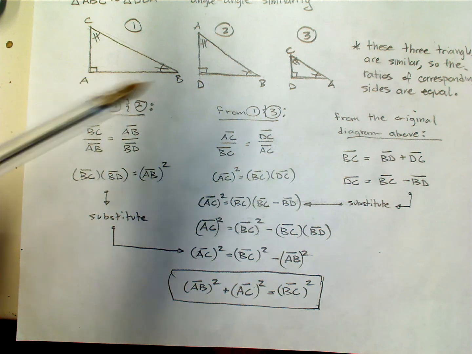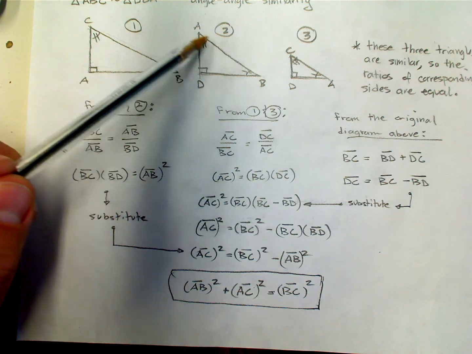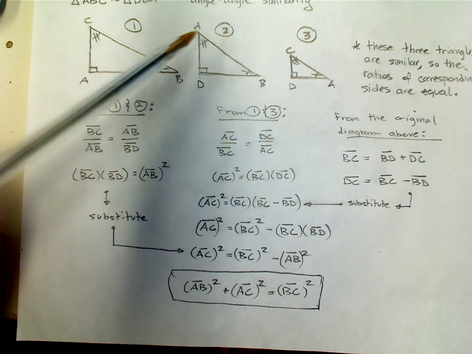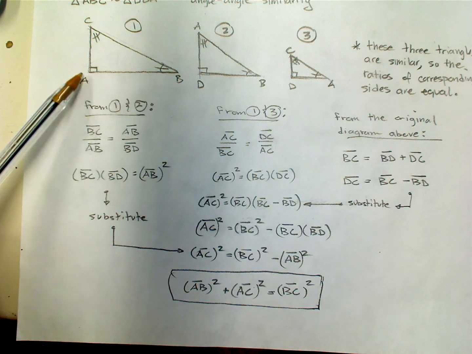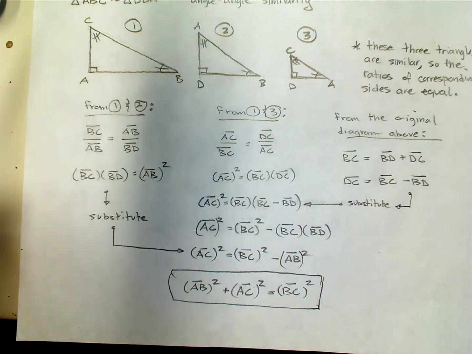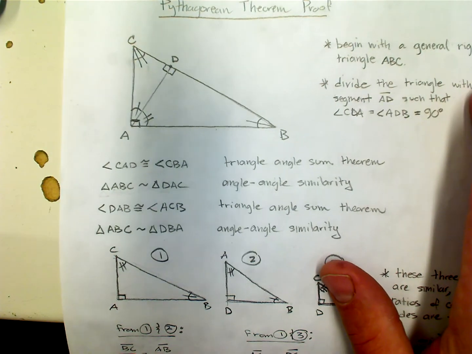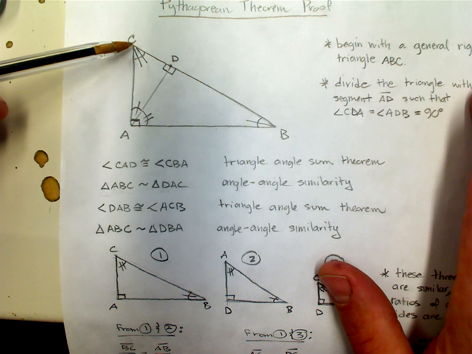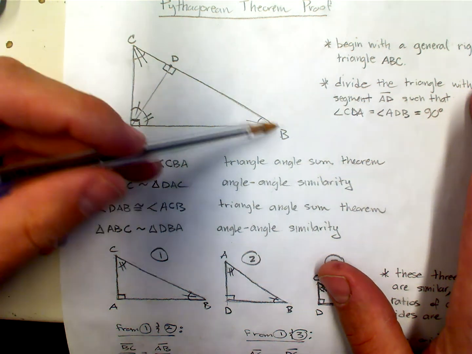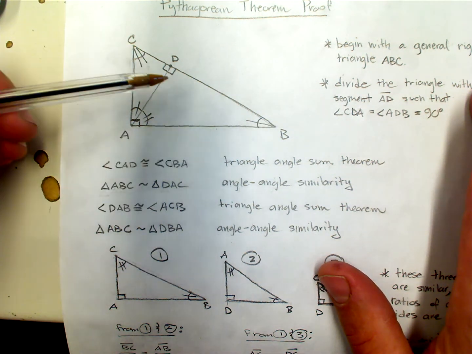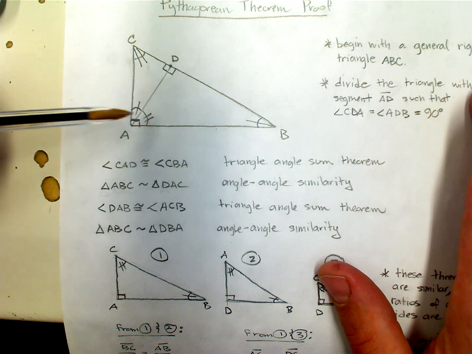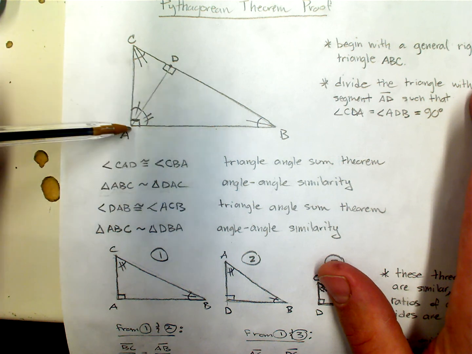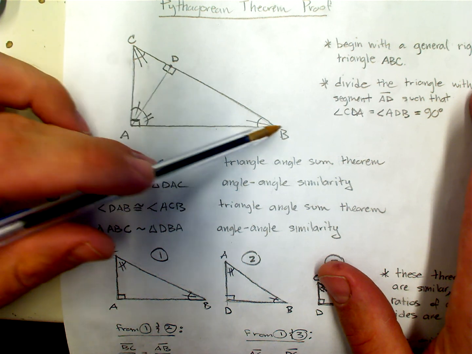And the reason is because notice that the hypotenuse of this triangle is AB, and the long leg of this triangle is AB. And remember, if I go back to my original general triangle, I'm really trying to demonstrate the relationship between the three sides of the big triangle. So when I look at the medium triangle and the big triangle, they share this side AB.